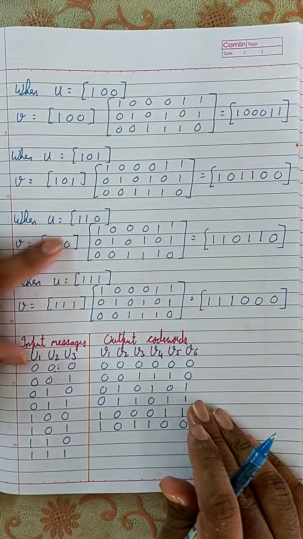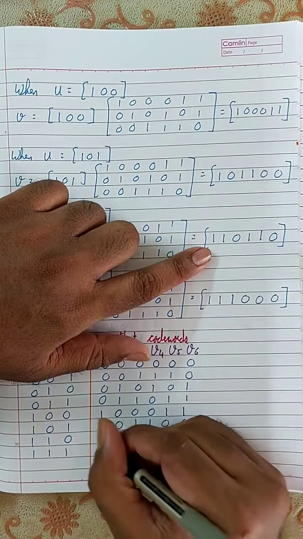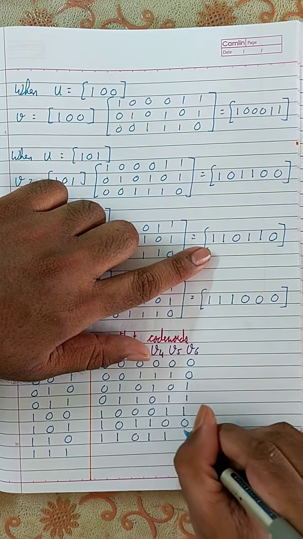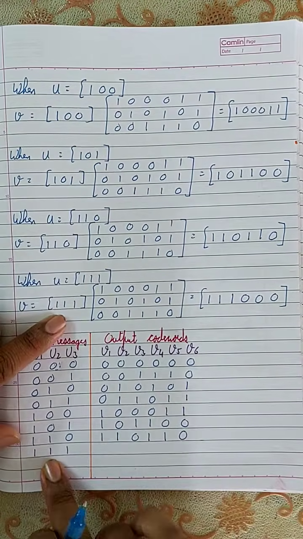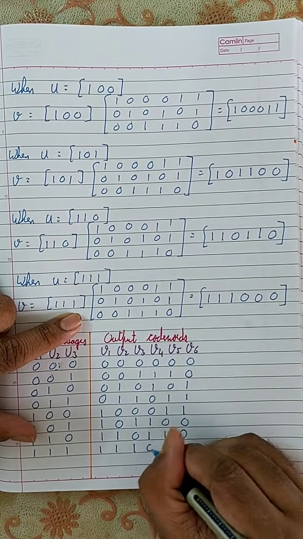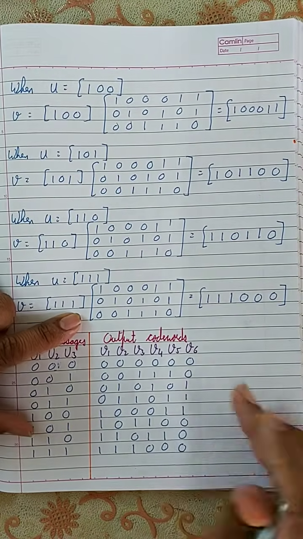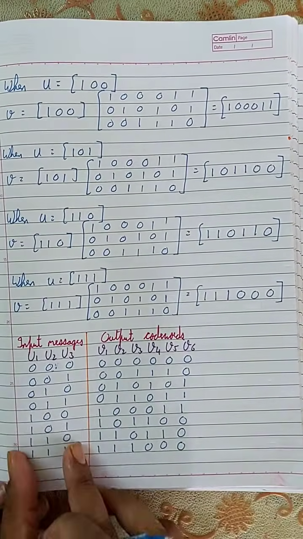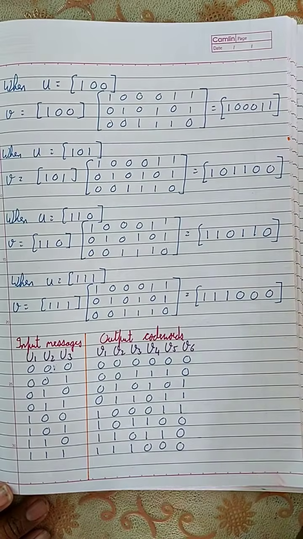When the input message is 1 1 0, then the output code word is 1 1 0 1 1 0. And when the input message is 1 1 1, the output code word is 1 1 1 0 0 0. Okay, and there you have it. These are the input messages and these are the output code words.